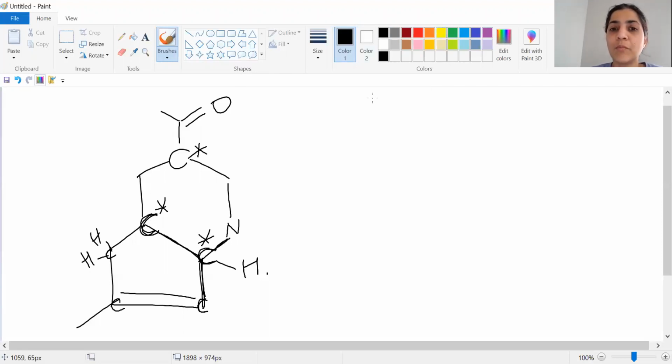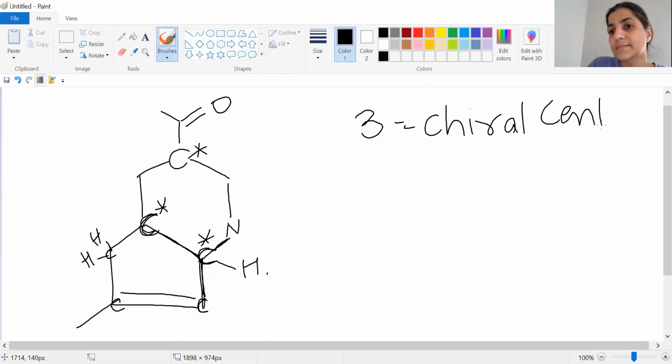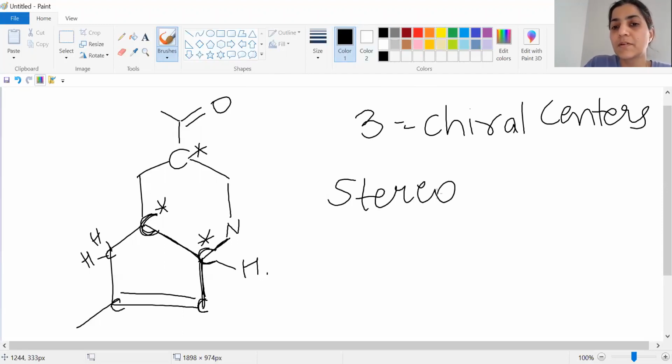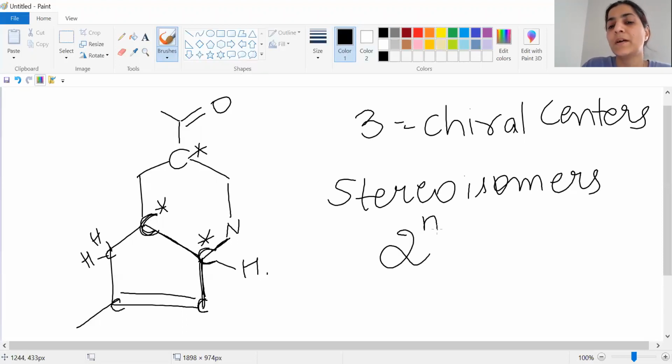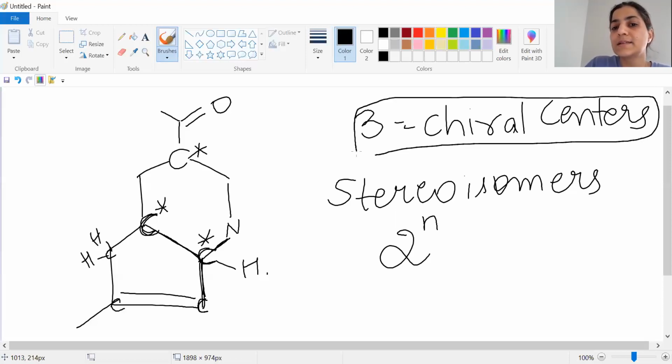So if a molecule has 3 chiral centers, how many stereoisomers are possible from that compound? We say 2 raised to the power n, where n is the number of chiral centers in that molecule.